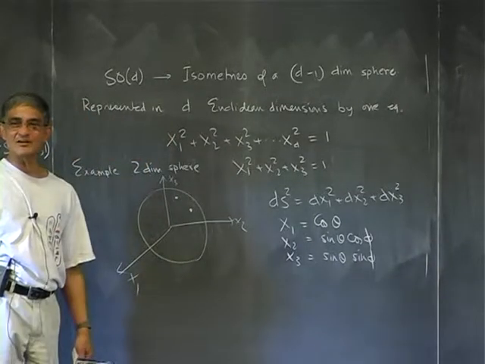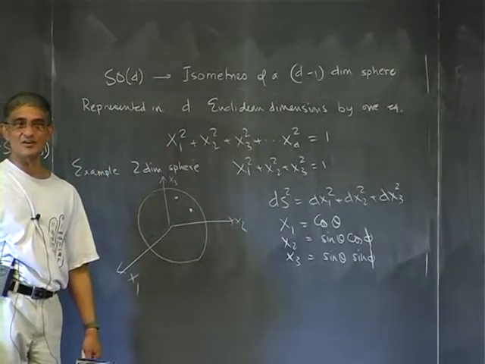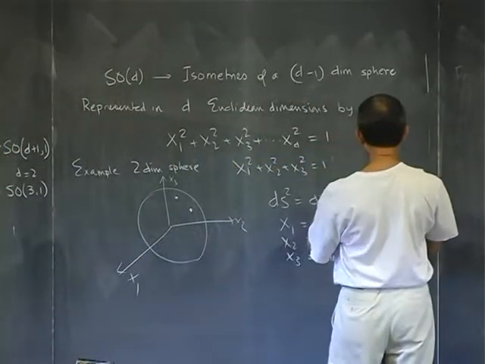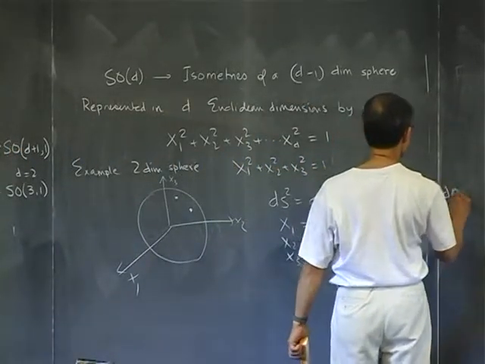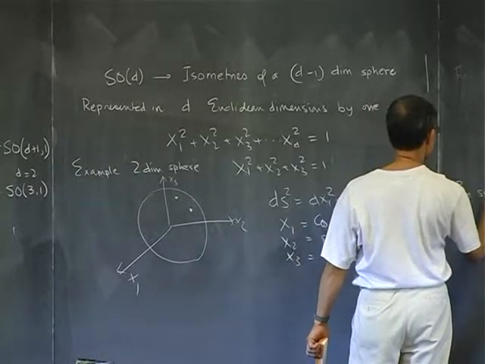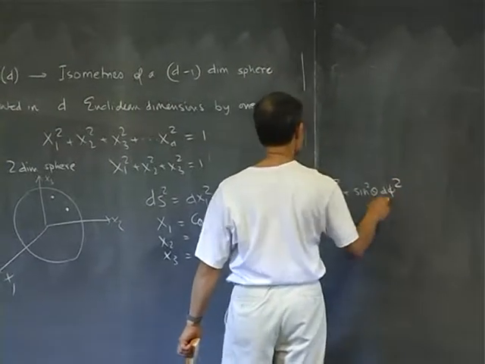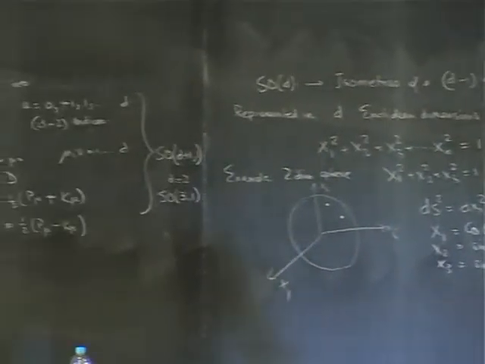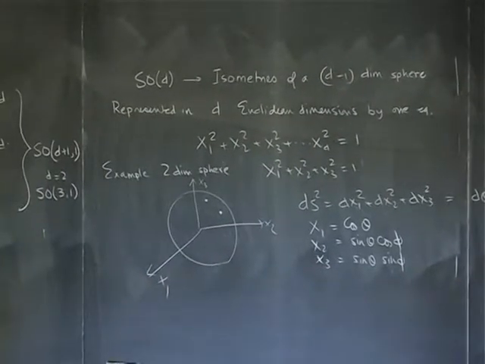This is the standard coordinatization of a sphere in terms of the angles theta and phi. Plug this in, and what you of course get is the standard distance between the points theta, phi and theta plus d theta, phi plus d phi.